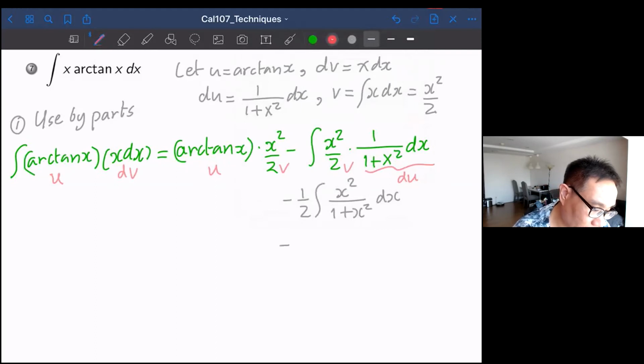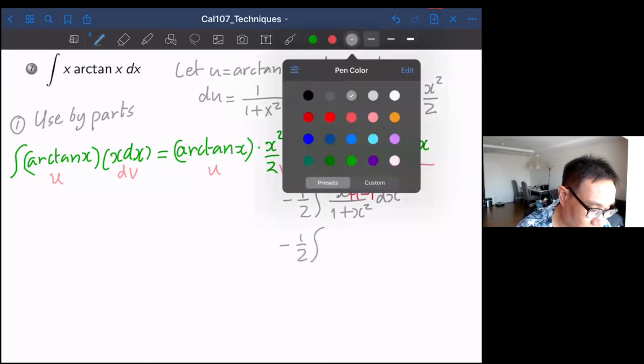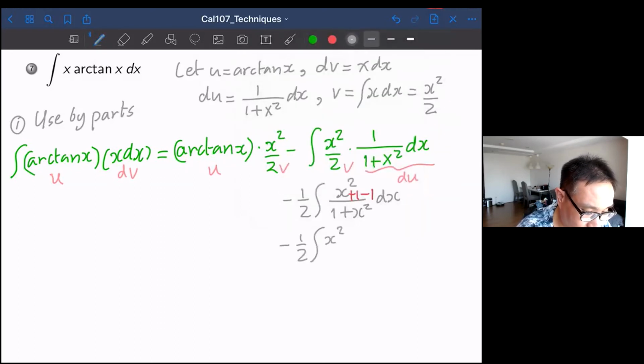I'm going to add 1, subtract 1. So I get 1/2 integrate, and you get x squared plus 1 over 1 plus x squared, and you subtract 1, over 1 plus x squared dx.